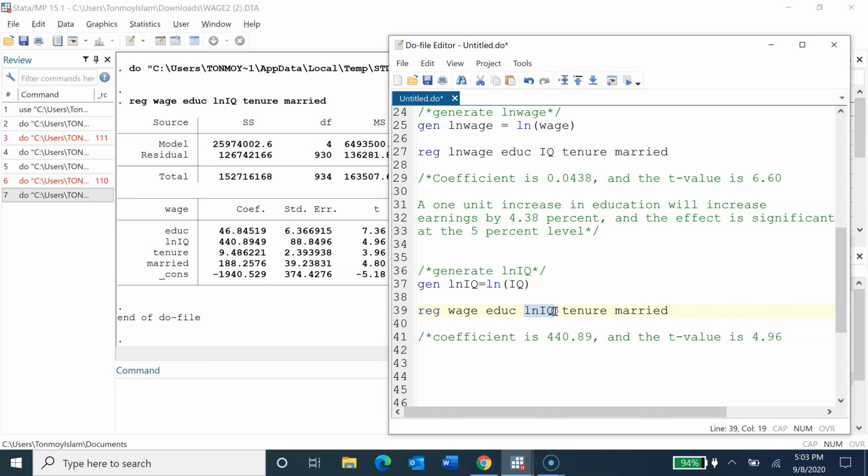So now if you notice, ln of IQ is a natural log, so if you remember how we did our regression, if it's in natural logs, the way we took the derivative to find out the effect. So now my IQ is in percents.